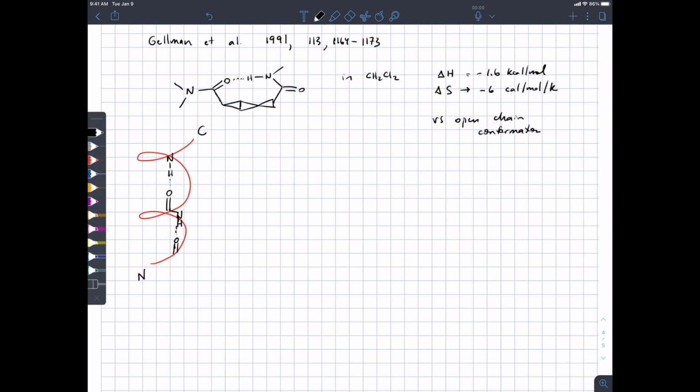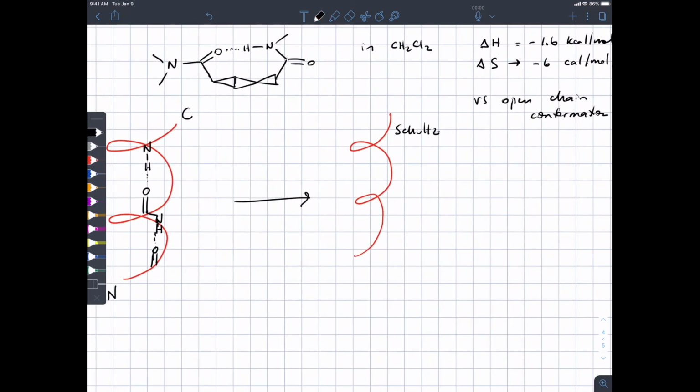Here's the NH group. So in early work from Peter Schultz's lab, and I'll write down the reference later, but I'll show you what they did. They took a single hydrogen bond in a helix, and they got rid of it by making the ester version of the peptide at that position instead of the amide. There are a couple of things that happen when you go from amide to ester.